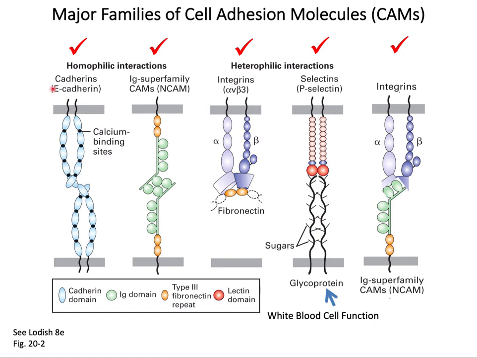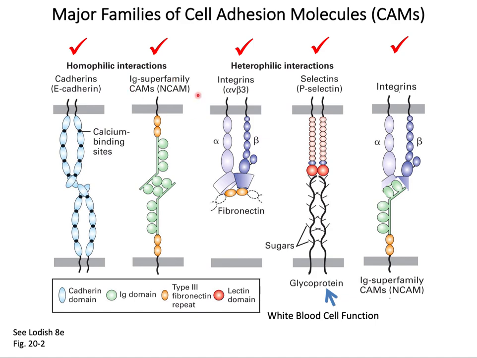For example, the transmembrane linker protein cadherin participates in homophilic interactions with cadherins on a neighboring cell. There's another family of cell adhesion molecules, the immunoglobulin superfamily of cell adhesion molecules, or CAMs.